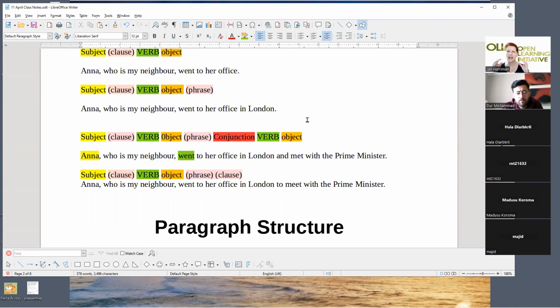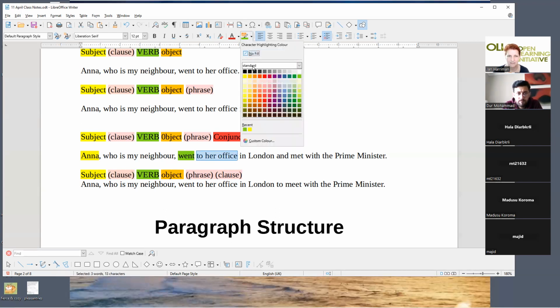You need to focus on that core sentence and then add the additional information in clauses and phrases. If you do that, you won't lose your core sentence and your grammar will stay strong.